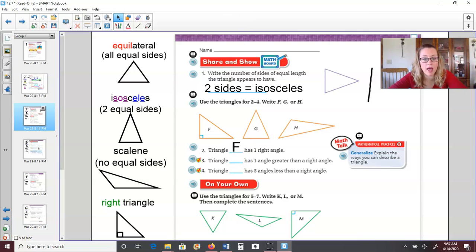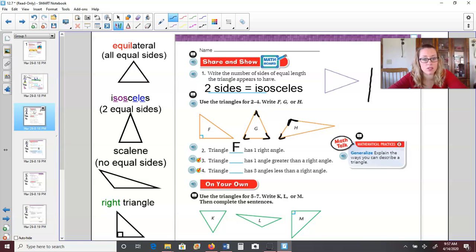Which triangle has one angle greater than a right angle? So we're looking for an angle that is greater than 90 degrees or obtuse. When we look at triangle G, all of these angles are pinching in. They are less than 90 degrees. But triangle H over here has this angle that's opening up pretty wide.